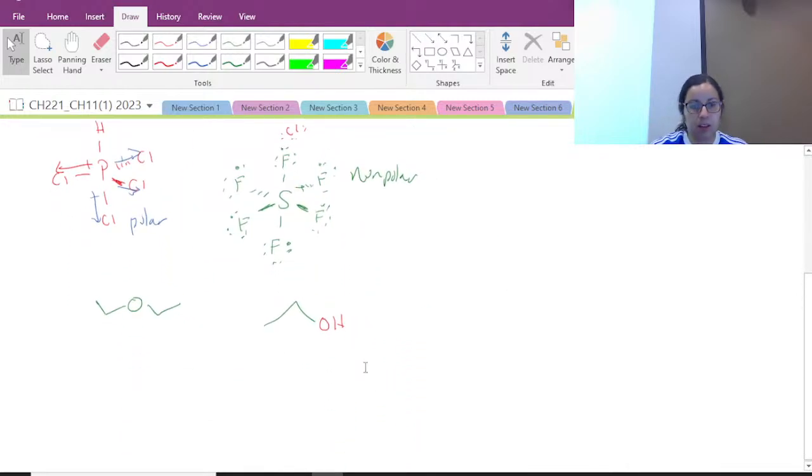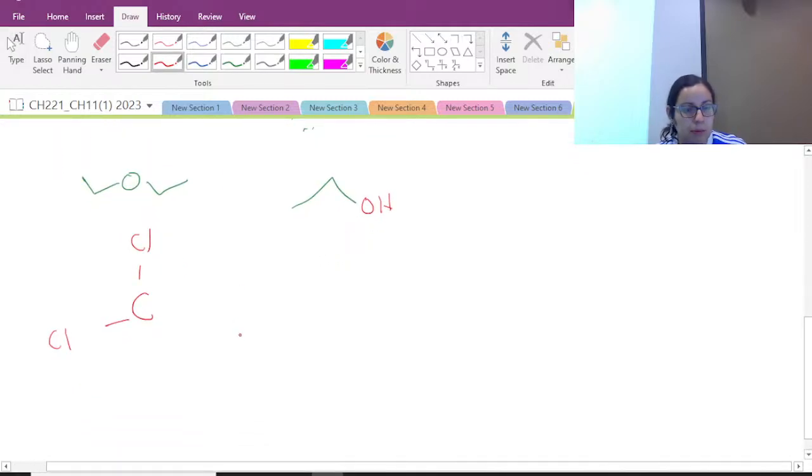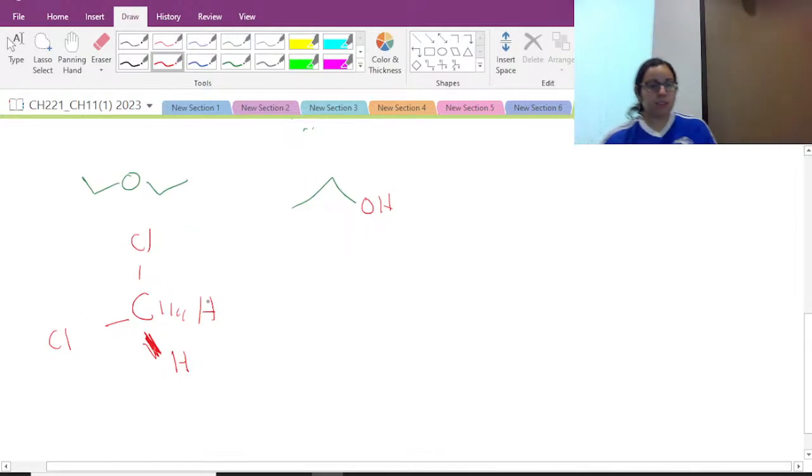Other good classic examples are, of course, we can compare chloroform to carbon tetrachloride. So we said carbon tetrachloride was nonpolar. And, oh, I actually drew out dichloromethane. So this is dichloromethane.